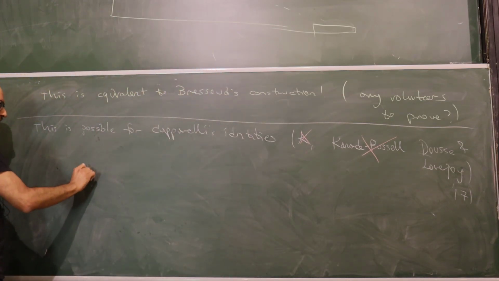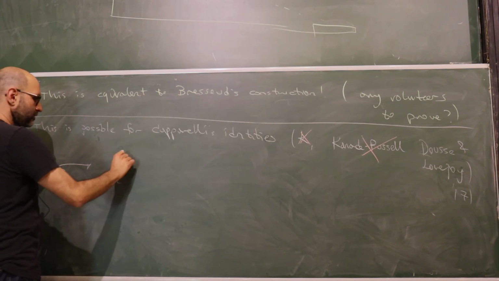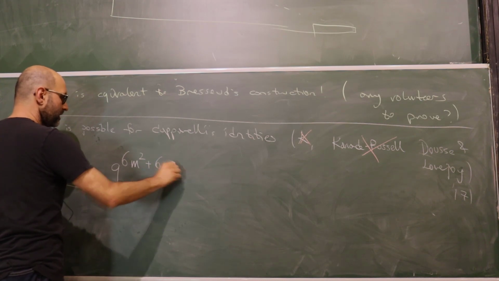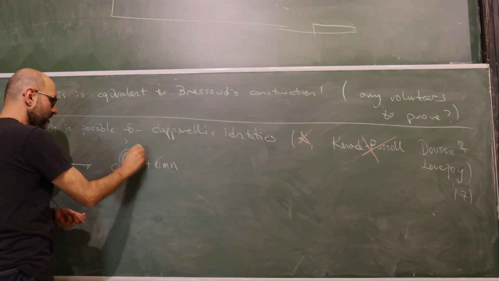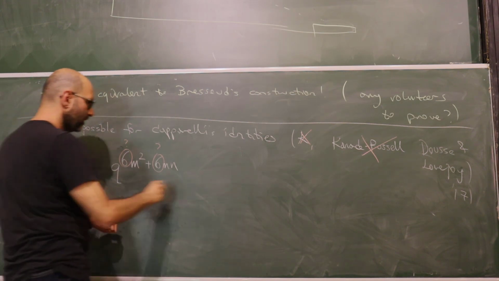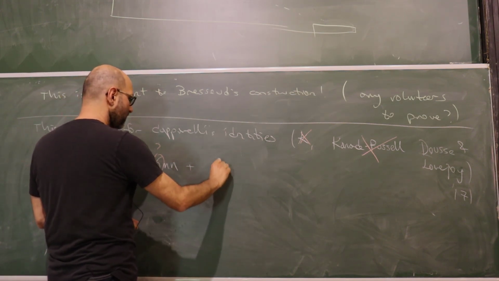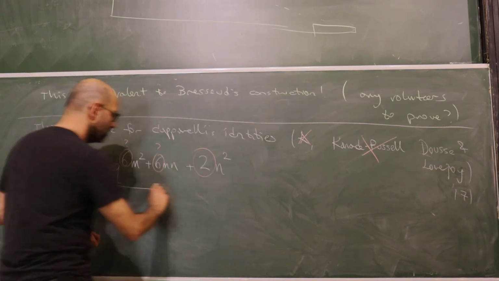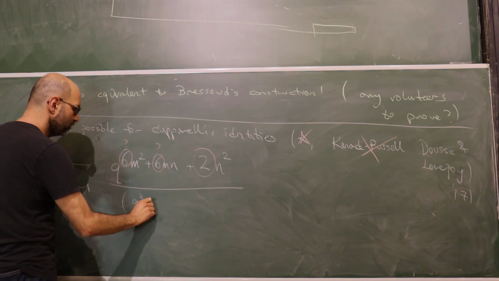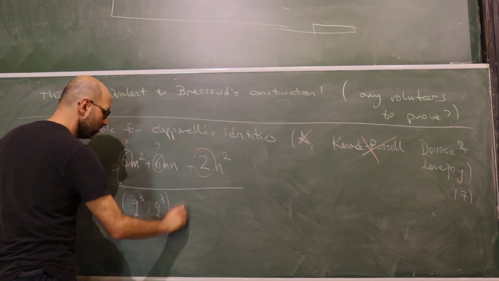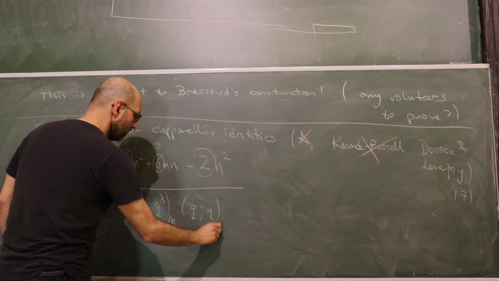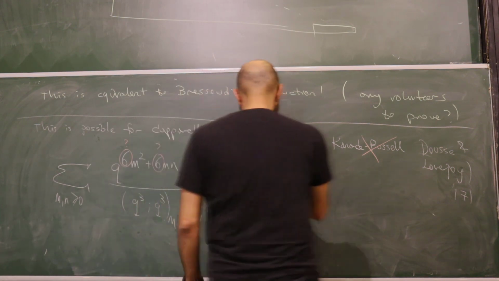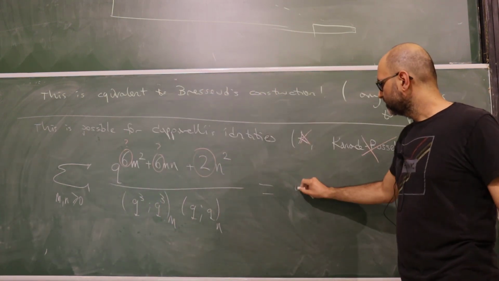So the series is q to the 6m squared plus 6m times n, I will figure out these coefficients in a minute, plus 2n squared, yes? Divided by q cubed m, n, where m and n are greater than or equal to 0, equals an infinite product.